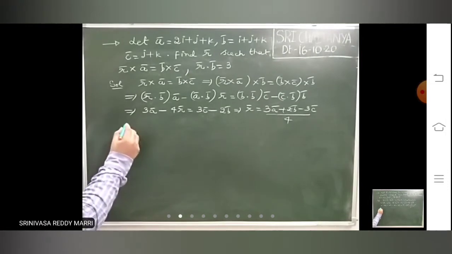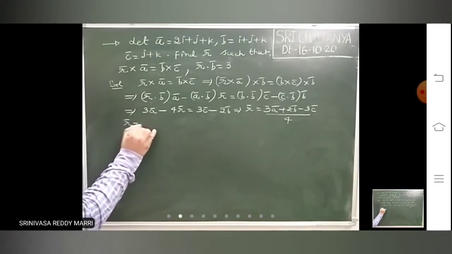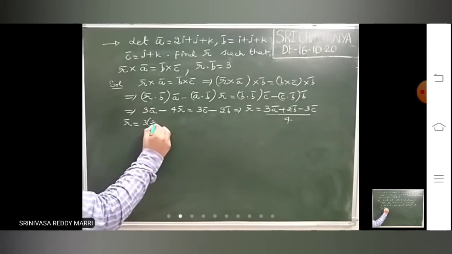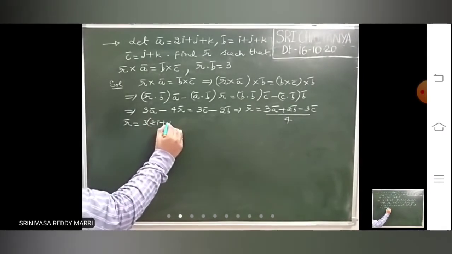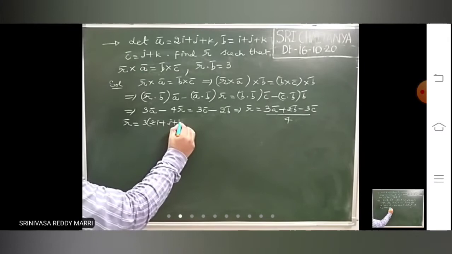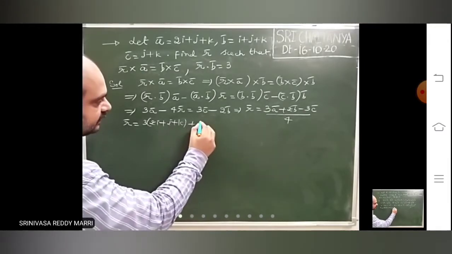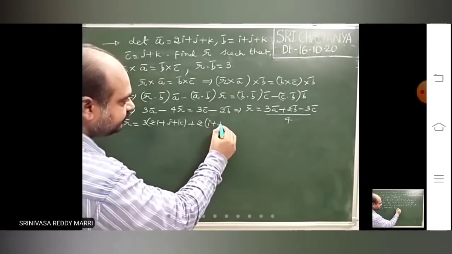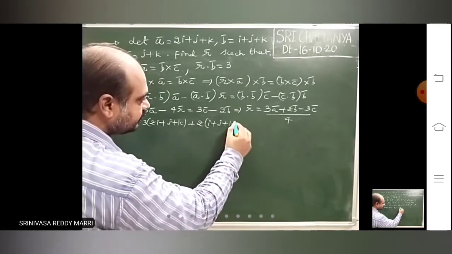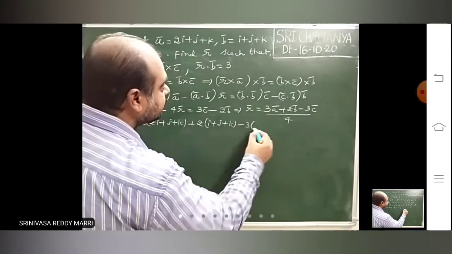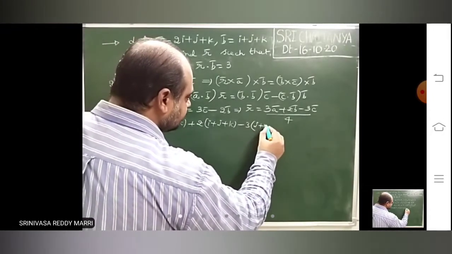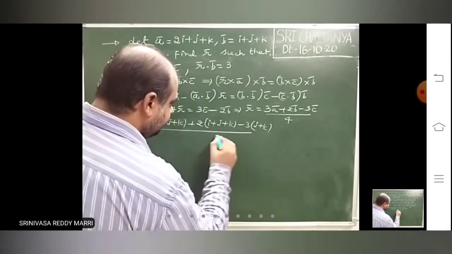You can calculate easily. So R bar equals 3 into A bar, substituting 2i plus j plus k, plus 2 into B bar, which is i plus j plus k, minus 3 into C bar, which is j plus k, divided by 4.